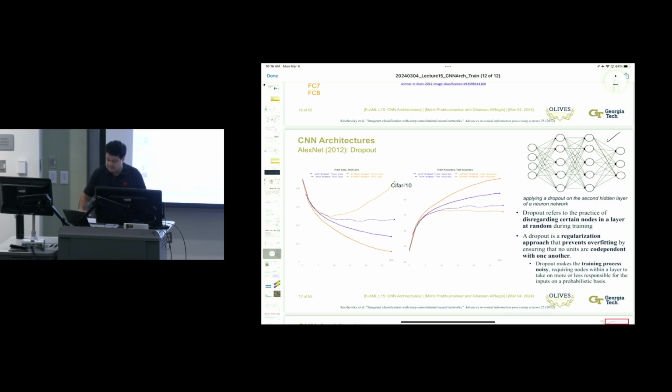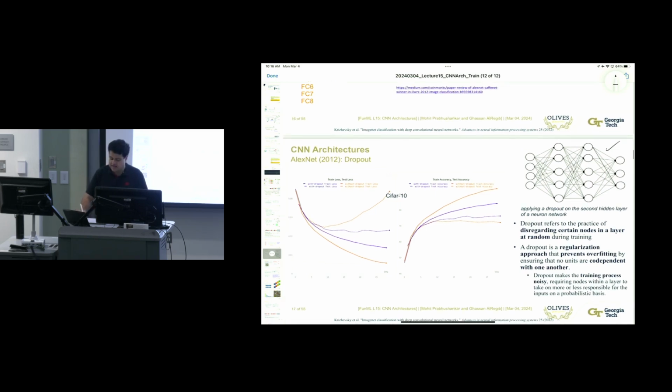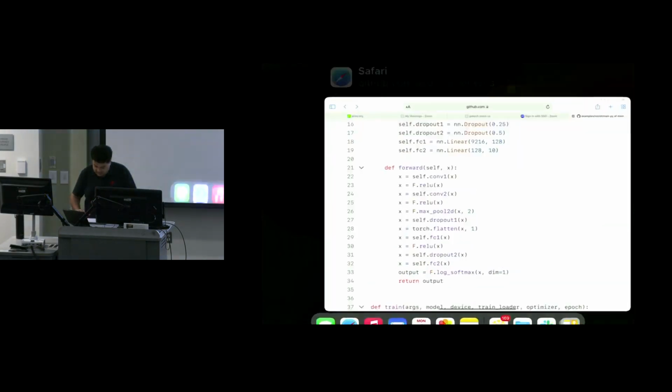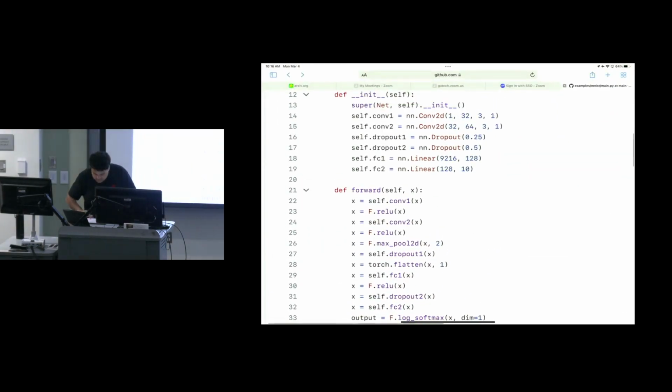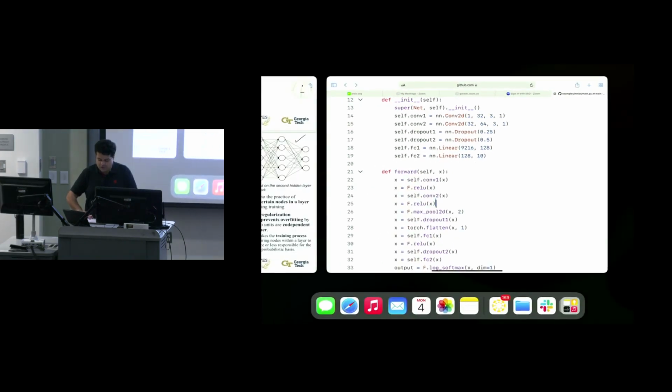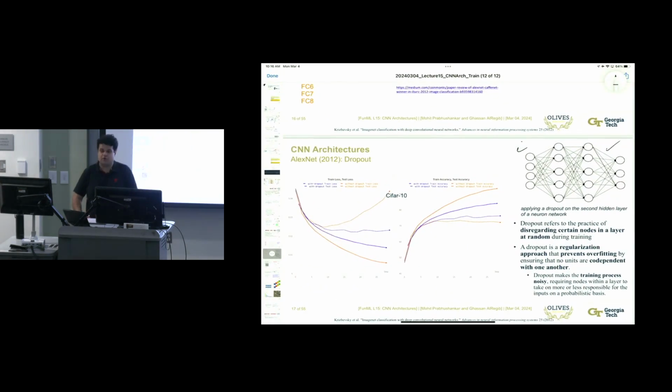So let's say this is the architecture I am looking at, and I have a dropout layer that I'm using. It wasn't defined in this case, but let's say I have something like dropout 0.25. You have 0.25 and 0.5. Let's go with the first number, which is dropout of 0.25.